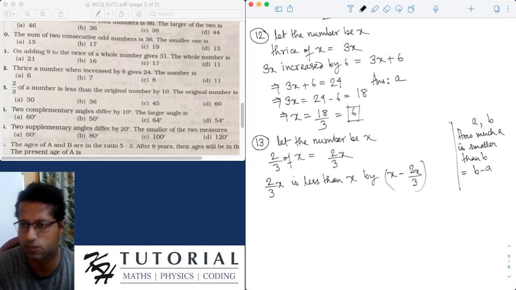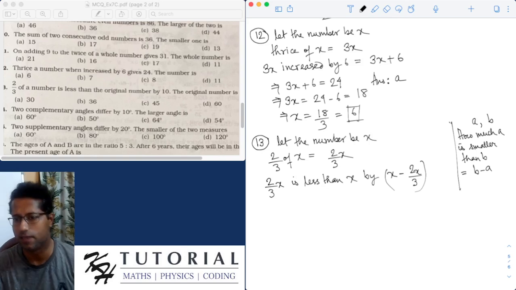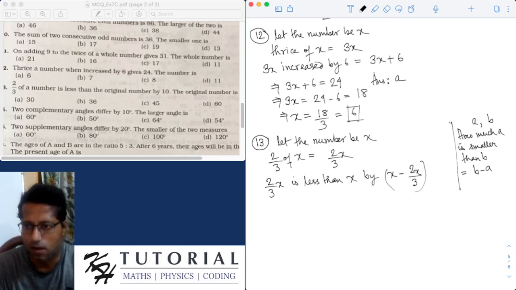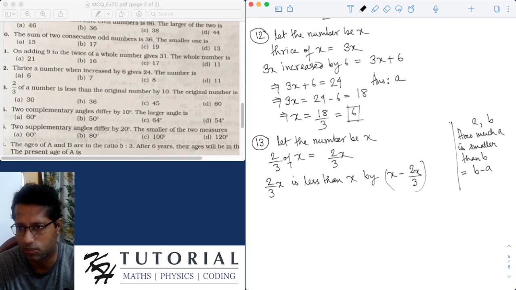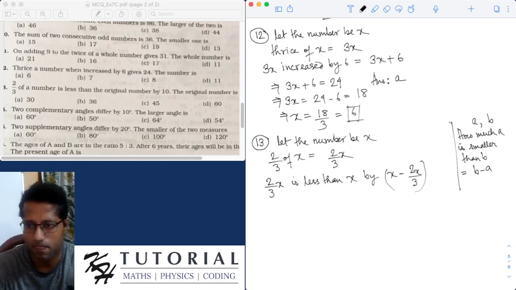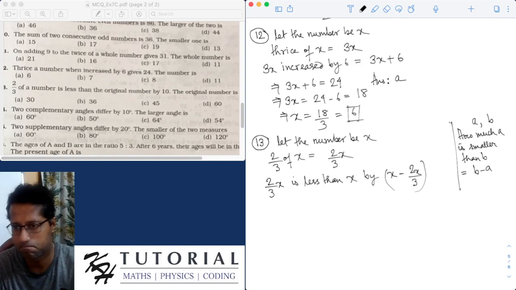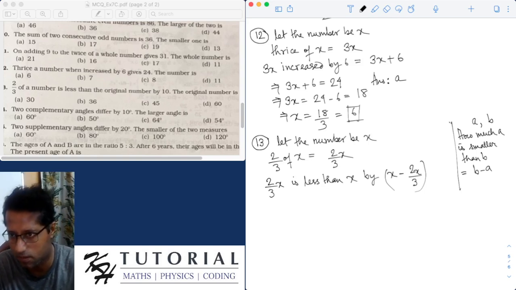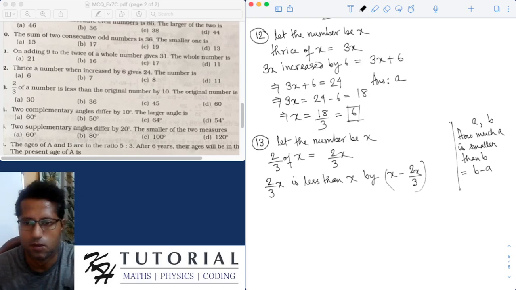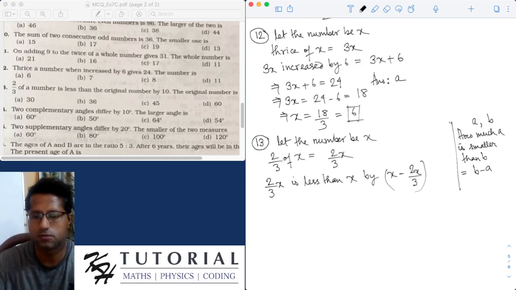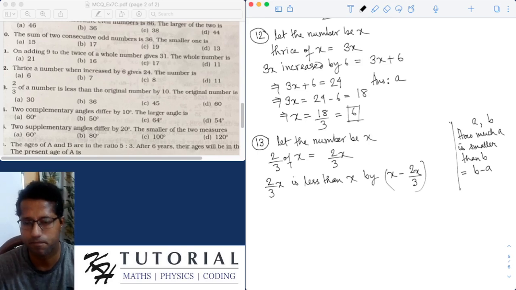We will find the difference b minus a, assuming that since we are finding how much a is smaller than b, b is greater than a. So it will be the difference of b and a. So b minus a is how much a is smaller than b. So we got that 2 by 3 x is less than x by x minus 2x by 3.